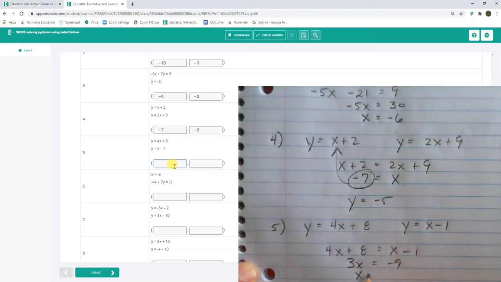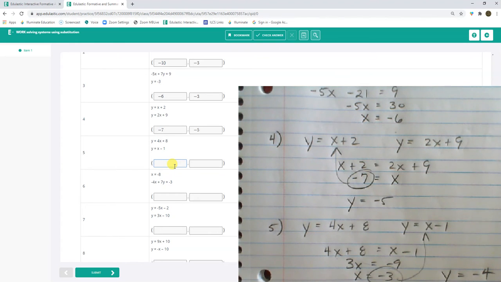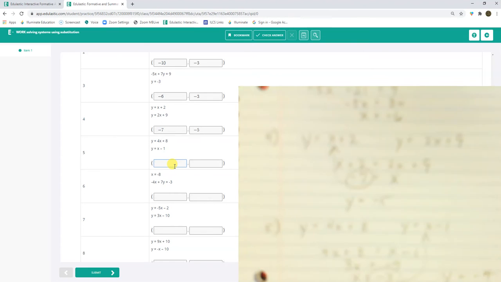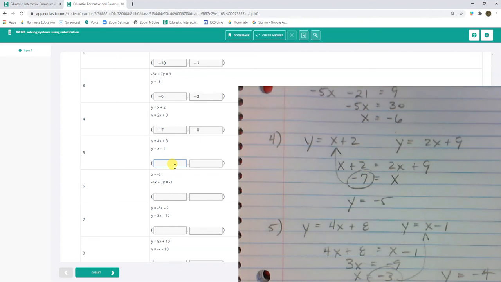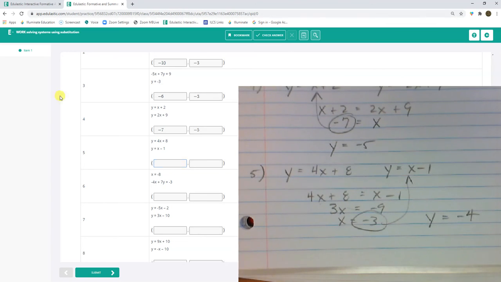Dividing both sides by 3 gives me -3. There's my x. Let's go get the y. y equals -3 minus 1, which is -4. Let me turn my lights back on. So -3, -4.